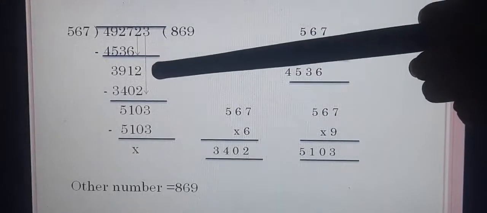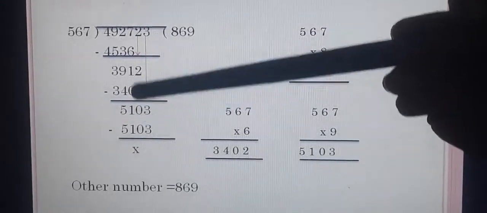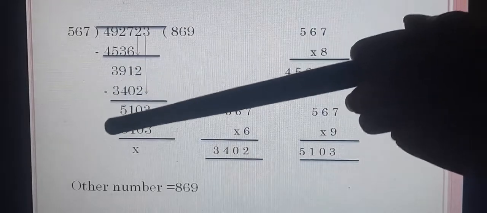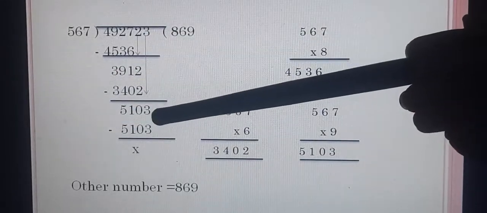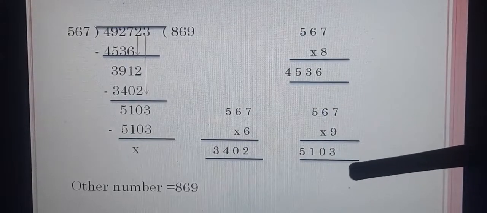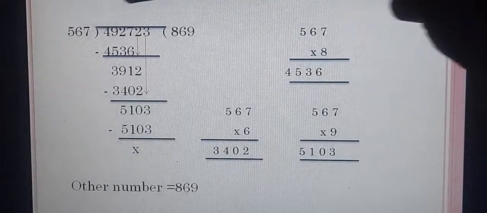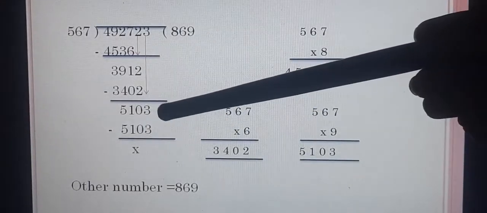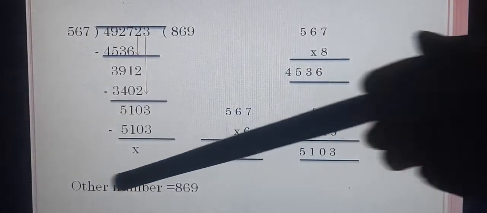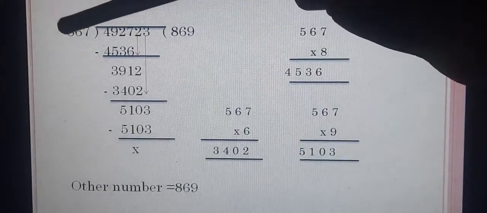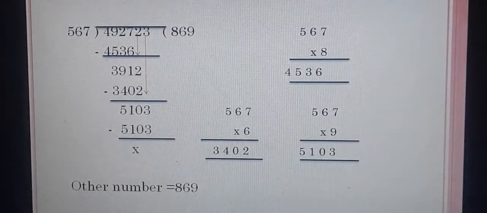Now do subtraction. 2 minus 2, 0. 1 minus 0, 1. 9 minus 4, 5. 3 minus 3, 0. Take the next digit, 3. 567 9s are 5,103. Now the remainder is 0. So the other number is 869. One number is this, the other number is this, and the product is this. Clear?